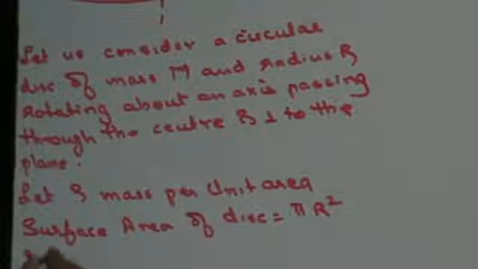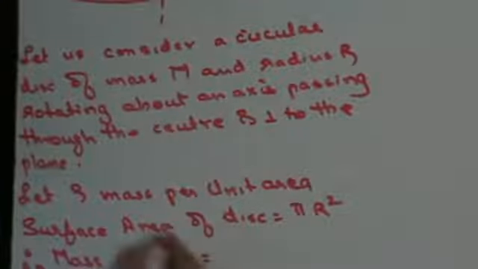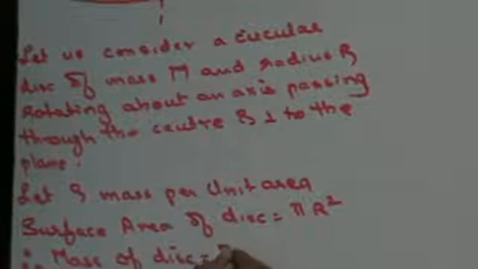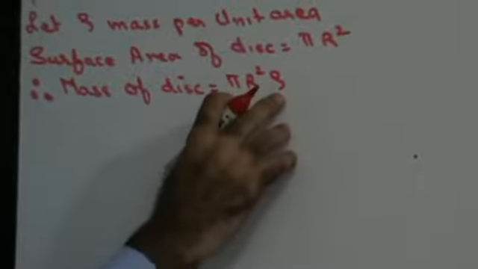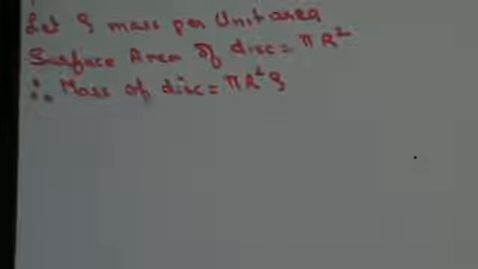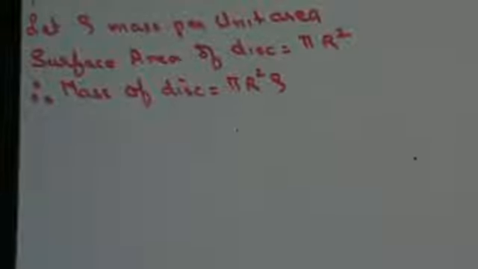Therefore, I can say that mass of the disc is nothing but pi R square rho, because this is the mass per unit area and this is the area of the disc. So total mass of the disc will be mass per unit area into the total area.